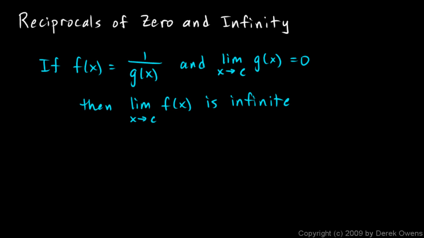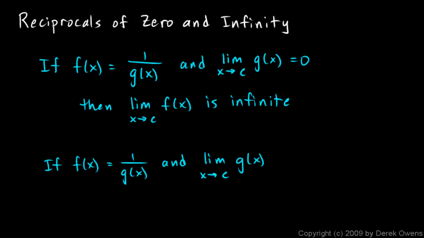And then we can also reverse that reasoning, and we can say if f of x is 1 over g of x, if f is 1 over g, and the limit as x approaches some value of g of x is infinity, so now our denominator is getting infinitely large, the limit of function g is infinity, then the limit of function f, which is the reciprocal of g, remember, if g is becoming infinitely large, then the limit of function f is infinitely small, or 0.